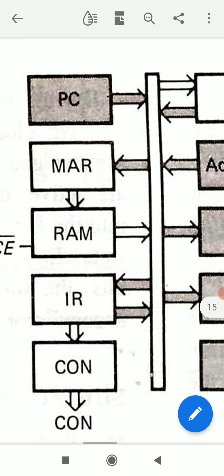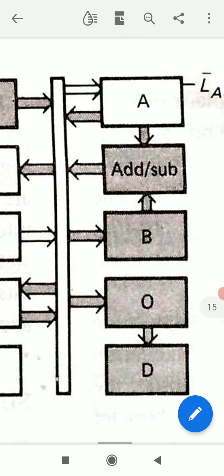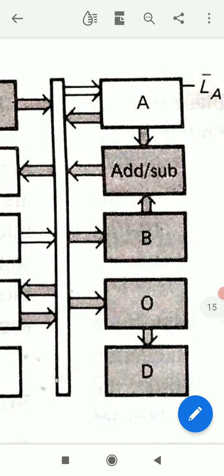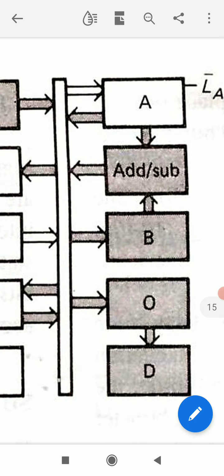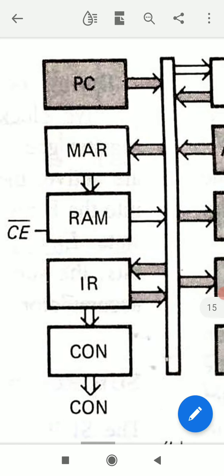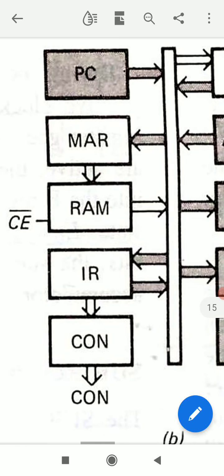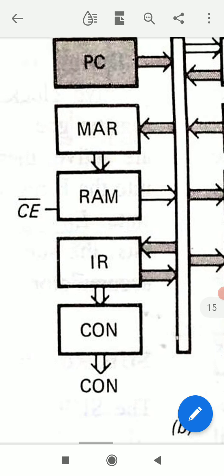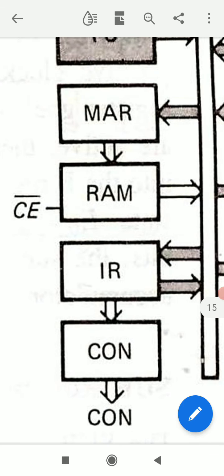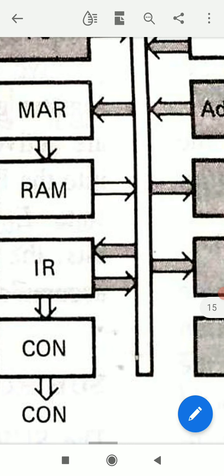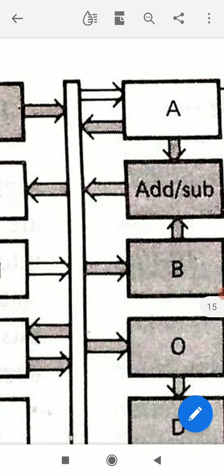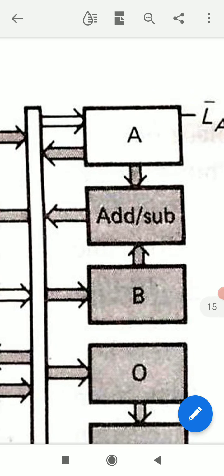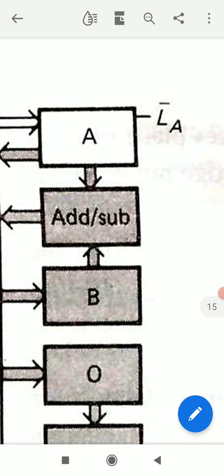So we have to load this accumulator by the content of memory location 9H. The word in memory location 9H is stored in this RAM, and when CE bar is active, chip enable is active, that word goes to W bus, and from W bus that word goes to accumulator when LA bar is active, load accumulator, L for load, A for accumulator.